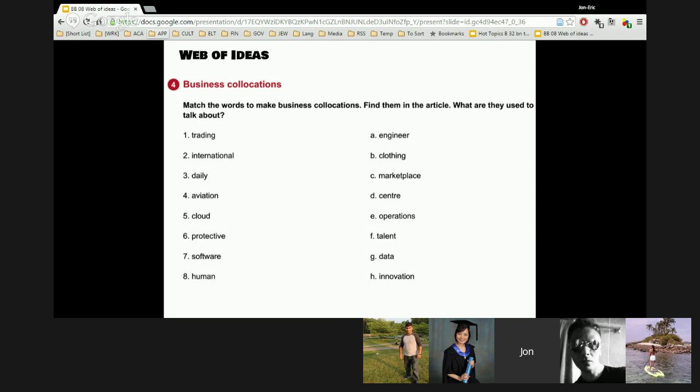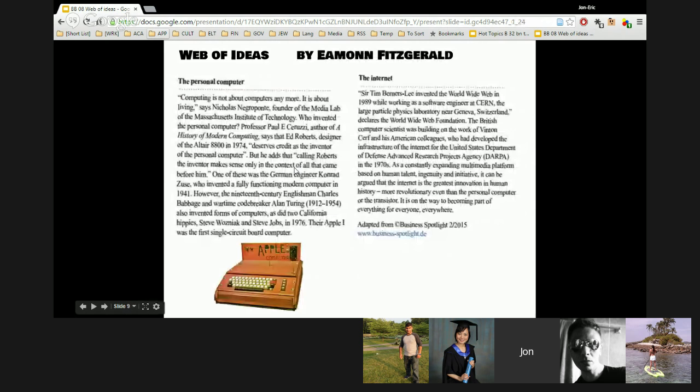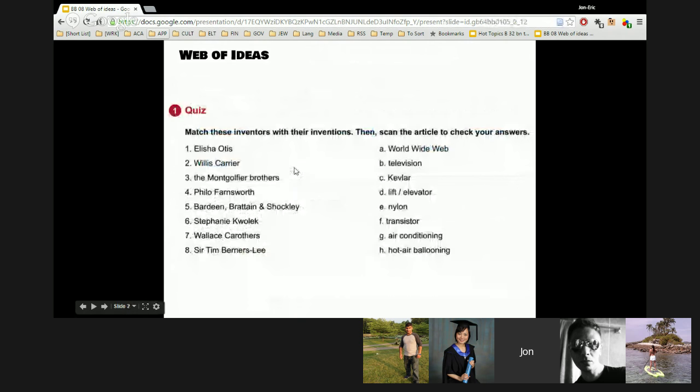Software, number 7, this was used in the article to talk about the profession of the inventor of the World Wide Web. Mr. JC, you were here. Who invented the World Wide Web? Do you remember the guy's name? Go back to this list for a second. Do you remember who it was?